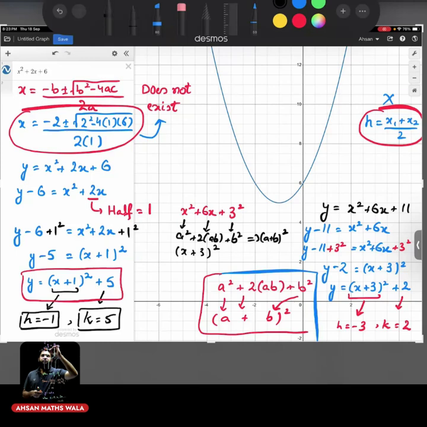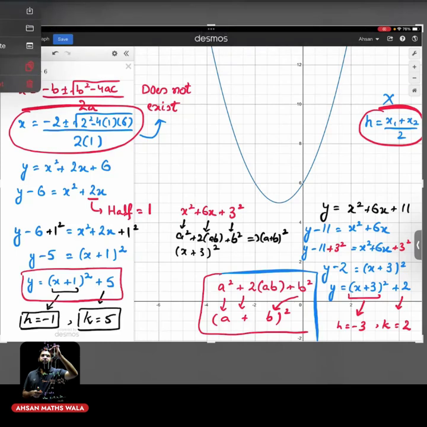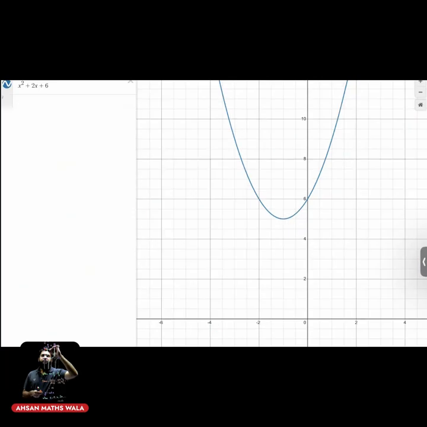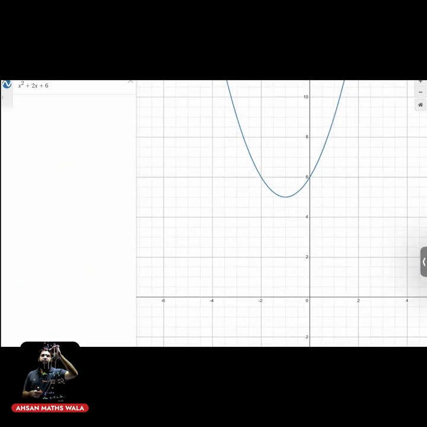Got it? So I will show you. So let's say, can you see this graph is not cutting the x-axis, right? So if this graph is not cutting the x-axis, yes, Hassan, do you agree? जी सर। So basically, this graph is not intersecting the x-axis.